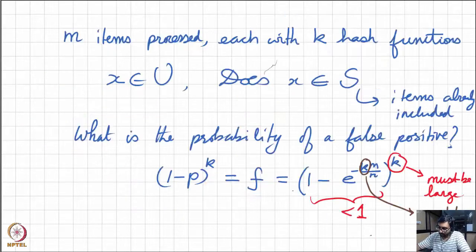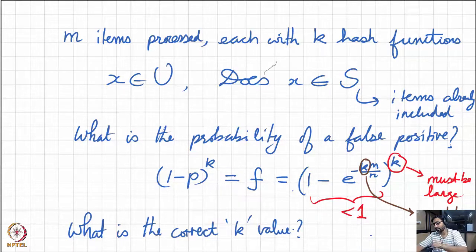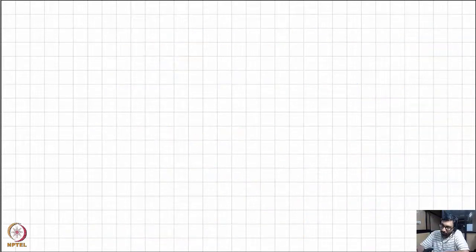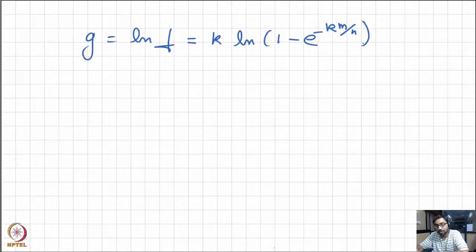And so we have mathematical evidence that that intuition is in fact correct. So of course the question that remains is, what is the correct k value? And to answer this, let's look at g equals ln of f and see what value of k minimizes g. Because if we can minimize g, then we're also minimizing f.